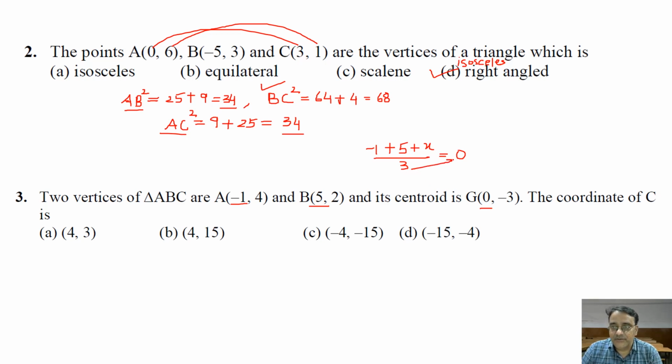So 3 into 0 will become 0, and we are getting here x plus 4 is equal to 0.